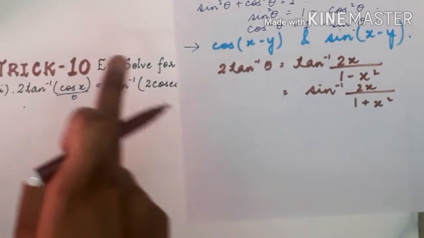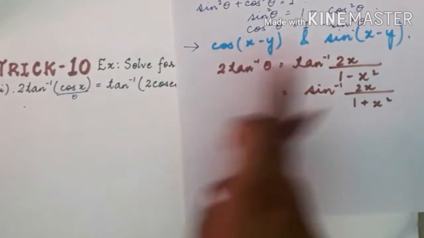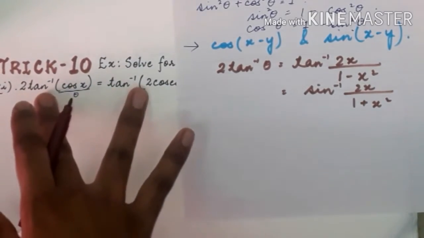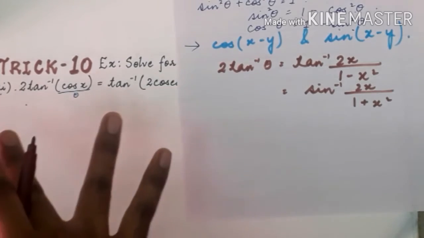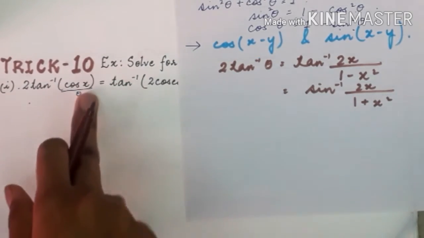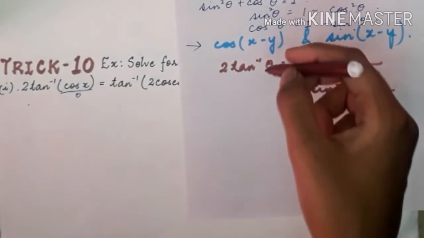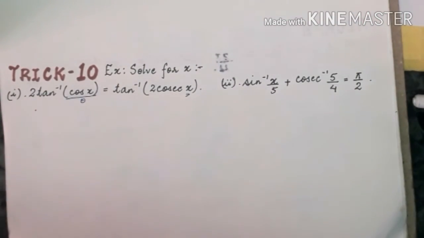So you have to eliminate this tan inverse with the tan inverse. You have to make the inverse trigonometric functions on both sides the same. Just keep it in mind. That's why you have to put the formula accordingly.